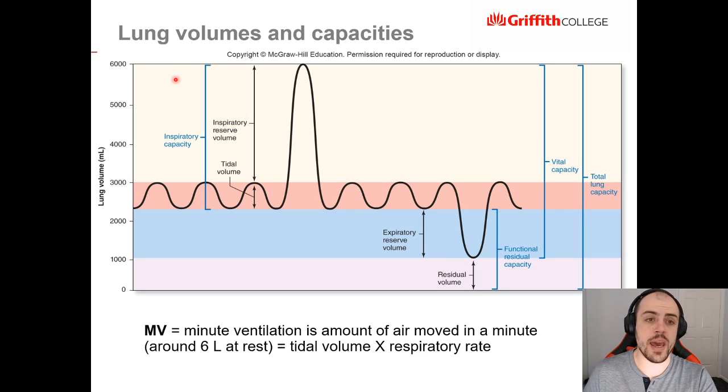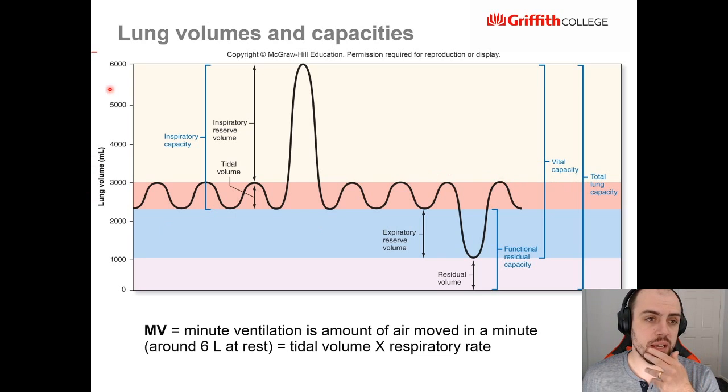Say, if you were to compare my lung volume and lung capacity to Trish's, there's going to be a large difference there. Why? Well, you compare the size of Trish and the size of me, there's a large difference. I am a bigger human being, so I have bigger lungs, and as such, this graph will change.